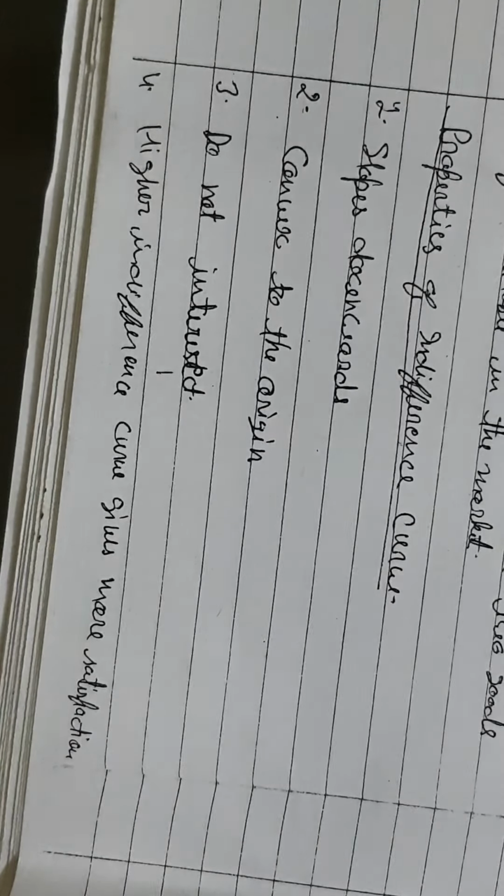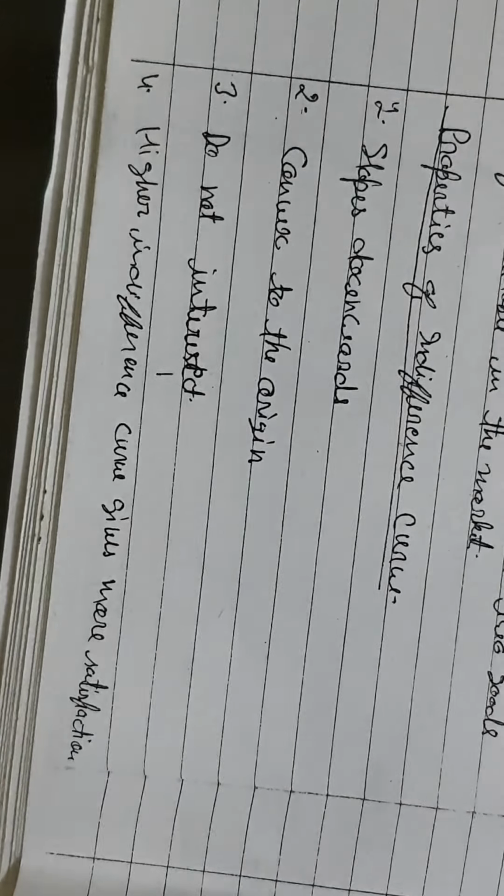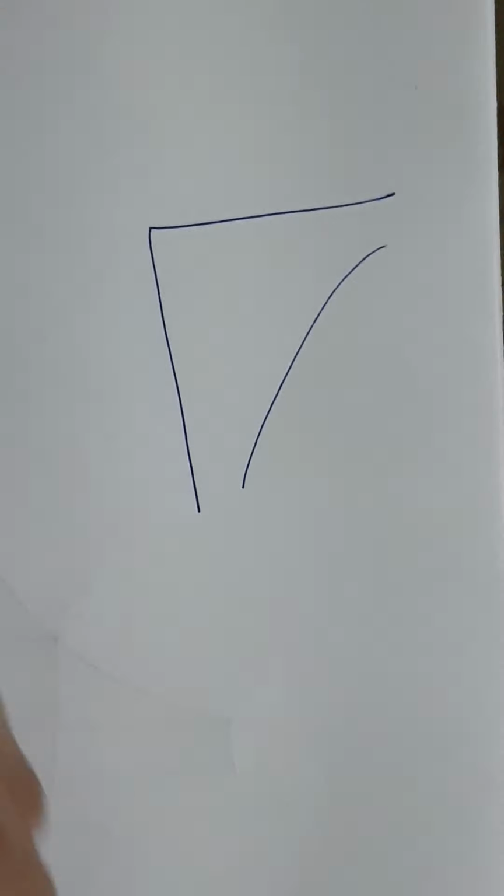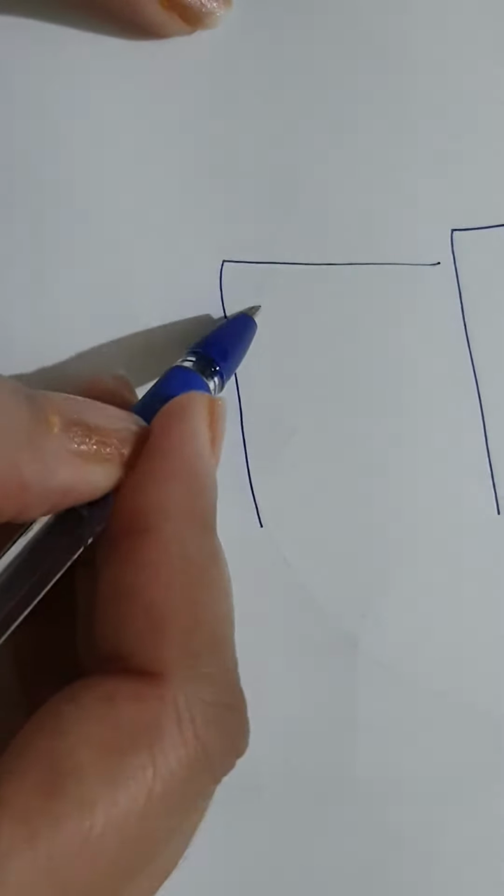Next is convex to origin. First point was that it slopes downwards, or it is negatively sloped. If something is like this, it is negatively sloped. If something is like this, it is called positively sloped. So now we are talking about convex to origin.